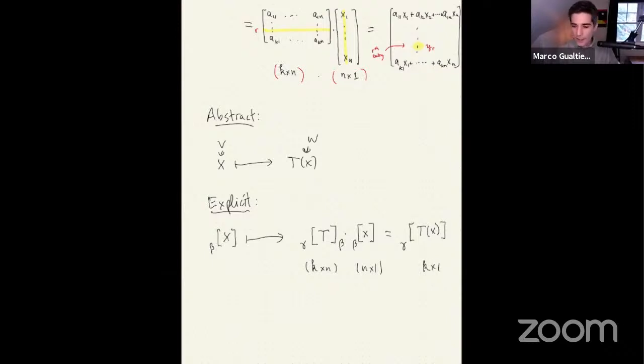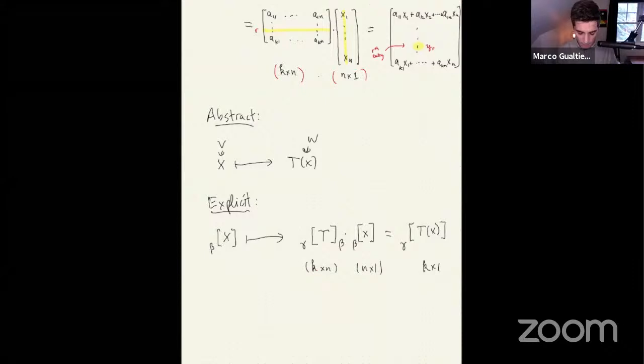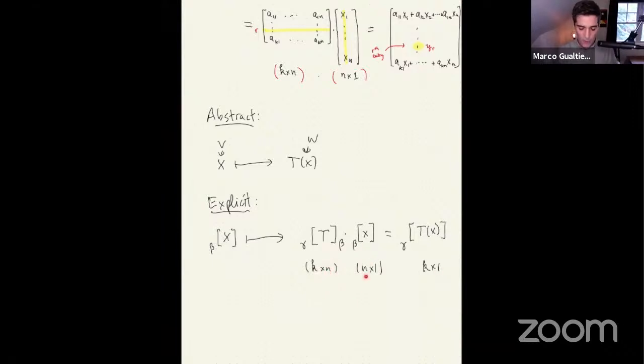Okay, and you see that the way the notation is developed is so that, if you have a k by n and an n by 1, the n disappears because this n is where the summation is over. You see here, I'm taking a sum over n values.